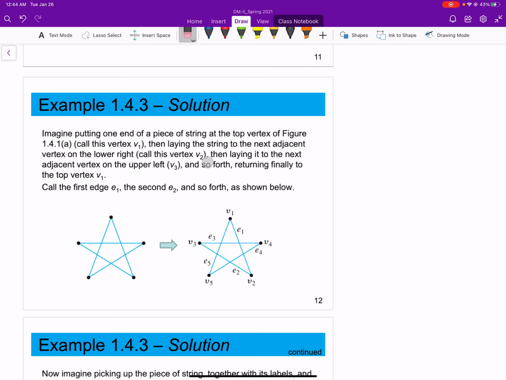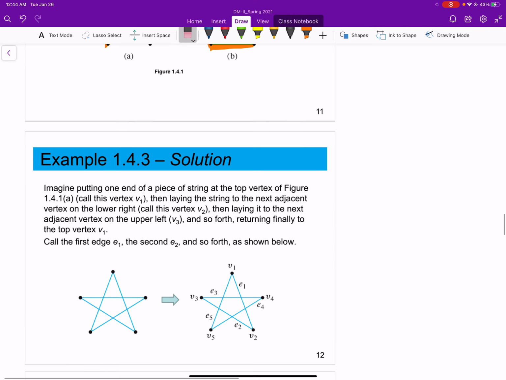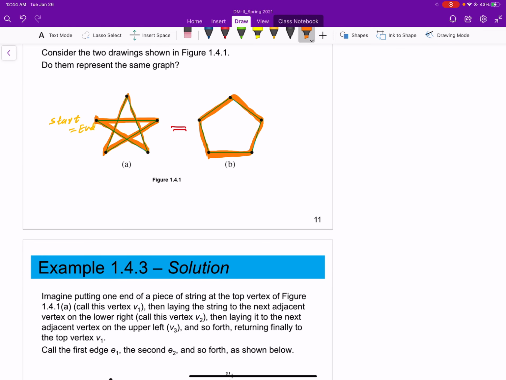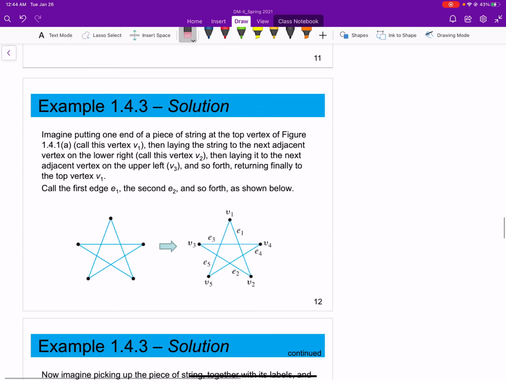Call this vertex v2. Then lay it to the next adjacent vertex on the upper left. That means v3 and so forth, returning to the top vertex. That's what we have done here. We have done that laying down task right here. So we laid down that string. All right. So then go forward.